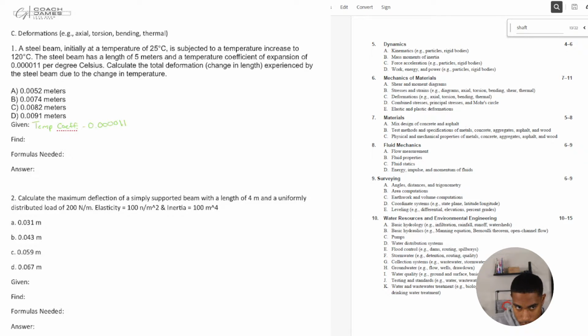I'm also given a length, that's going to be 5 meters. I'm given an initial temperature, 25 degrees Celsius, calling that T0, and a final temperature, T final, which is 120 degrees Celsius. And I am asked to calculate the total deformation.